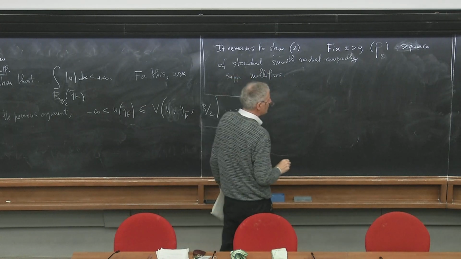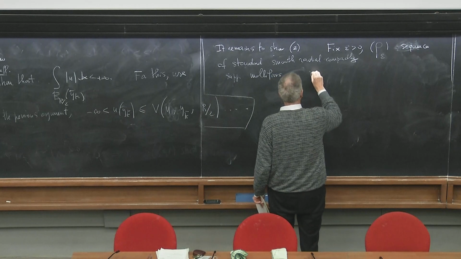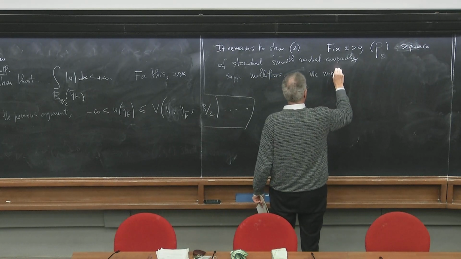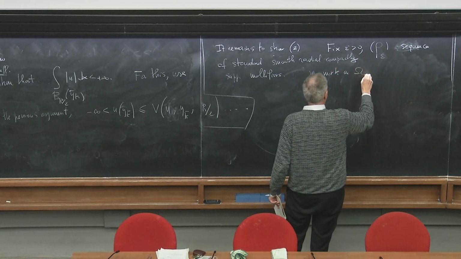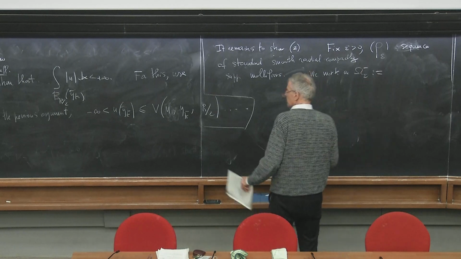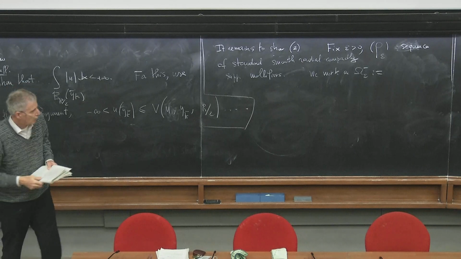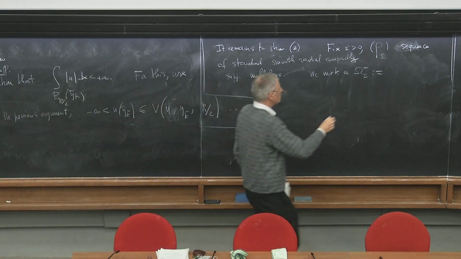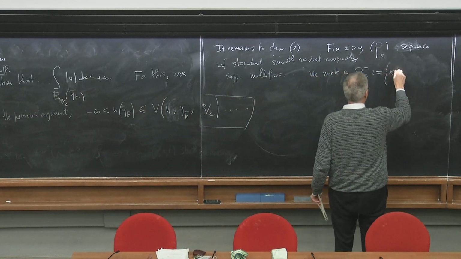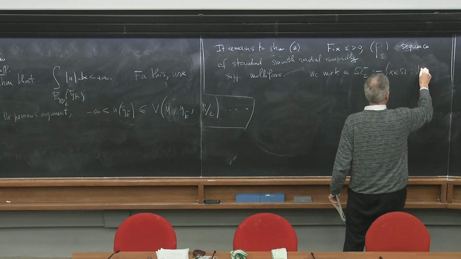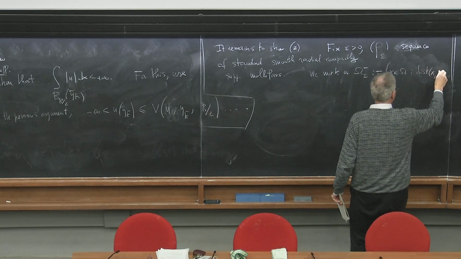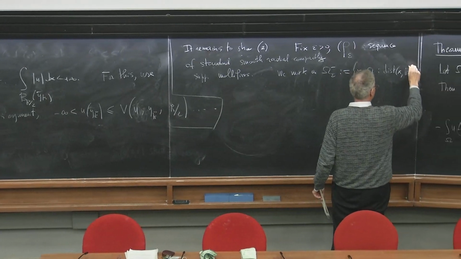And now we work in omega epsilon minus, which is just the reduced set of omega. It's the set of all points of omega at distance from the complement larger than epsilon.